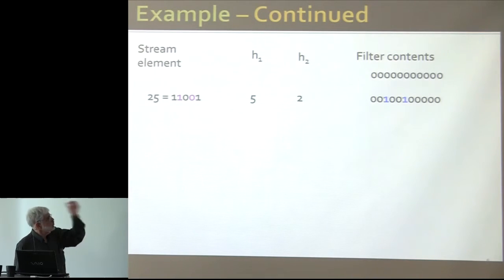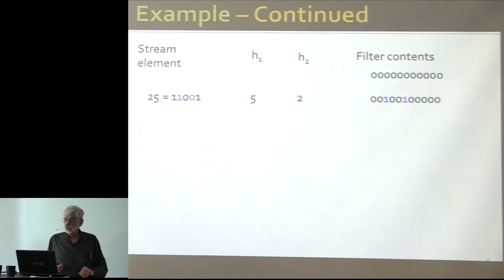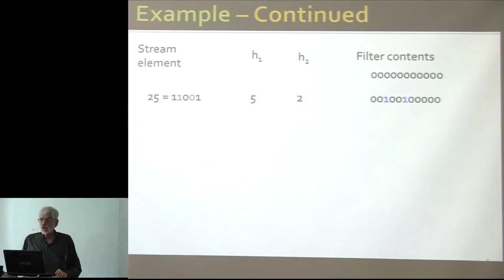Now for H2, you look only at the red, and that's 1, 0, that's 2, and again 2 modulo 11 is 2, and therefore you set bits 2 and 5. I'm counting bit 0, of course, as the left end. So I've set those 2 bits to 1s, and the blue bits are the ones that I just set.